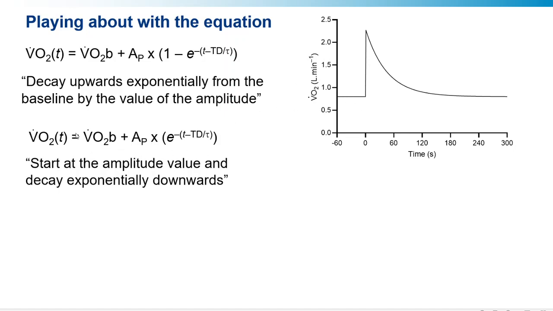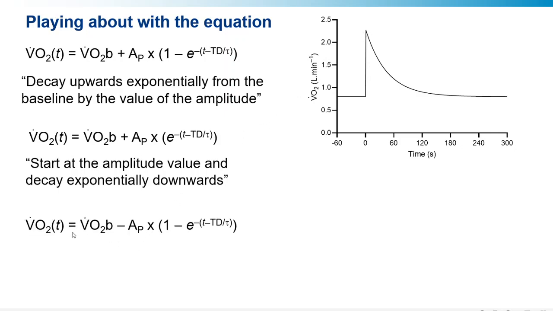Now if you start with the baseline VO2 being equal to the primary amplitude, then you'd essentially be characterizing the kinetics of the off transient or the recovery phase. So if you want to look at recovery oxygen uptake kinetics, you would essentially use this equation, but the baseline VO2 would be your on kinetics primary amplitude.